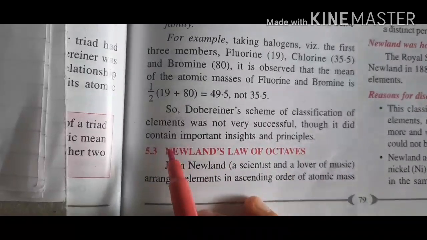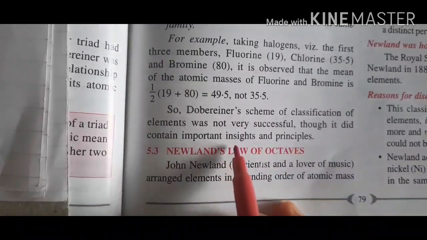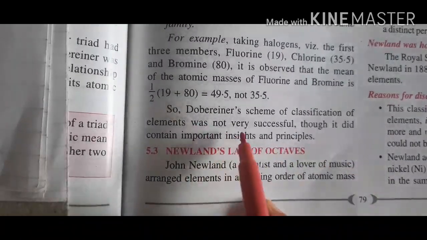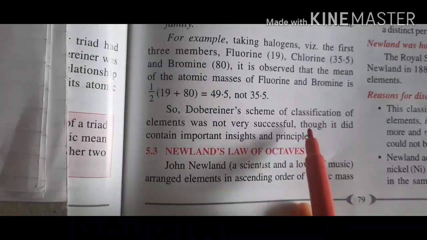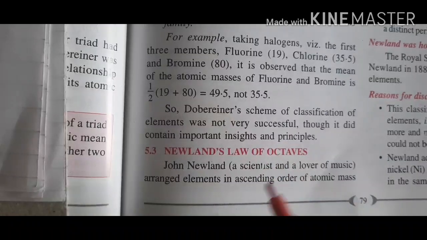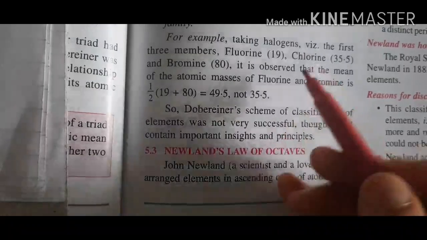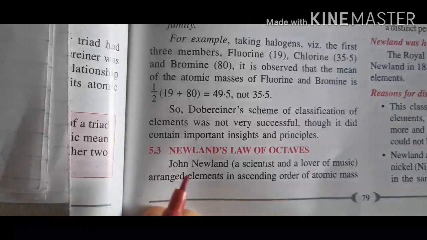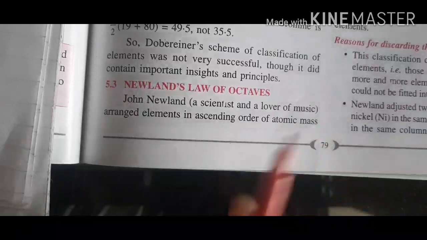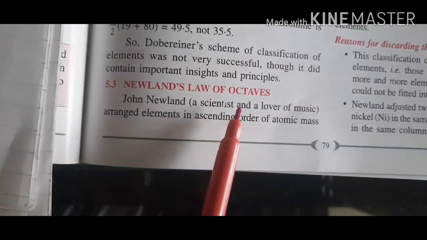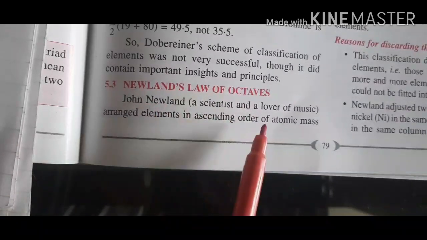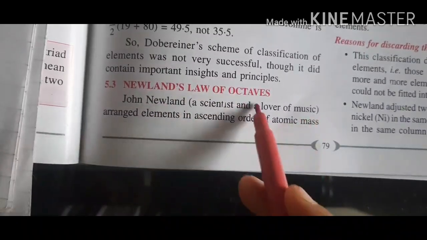Though it did contain important insight and principle, which means that even if it was not successful, it gave some principle and insight to classify further. On the basis of that, one of the scientists discovered another classification, which is called Newlands' law of octaves. Octave means 8.